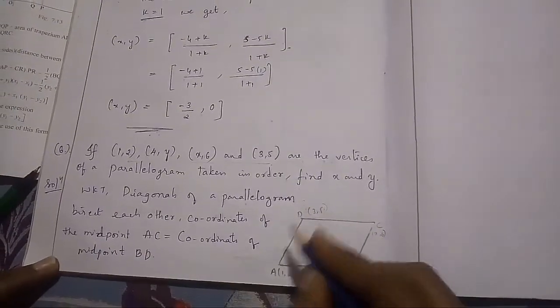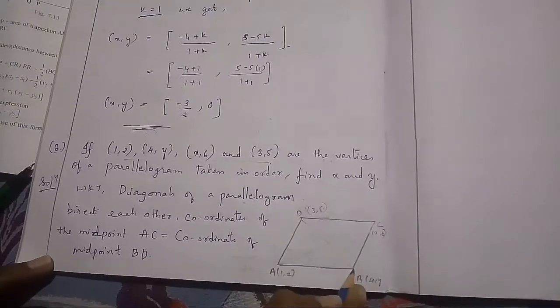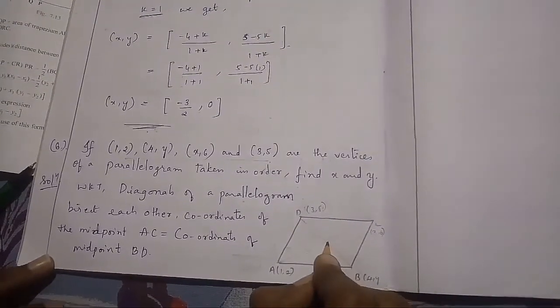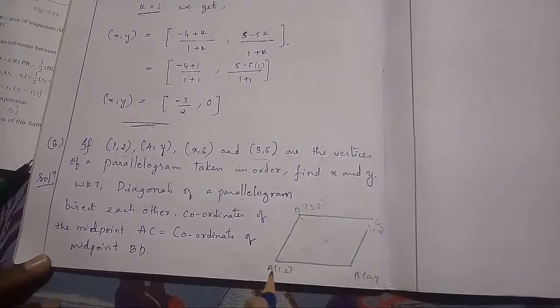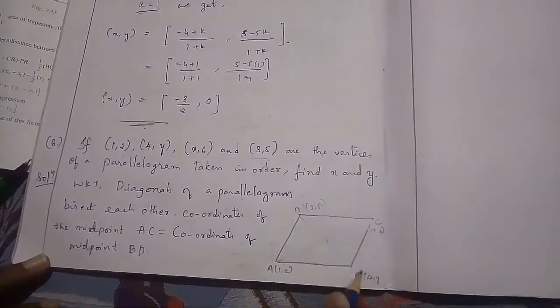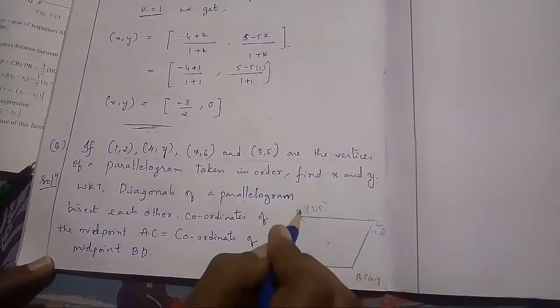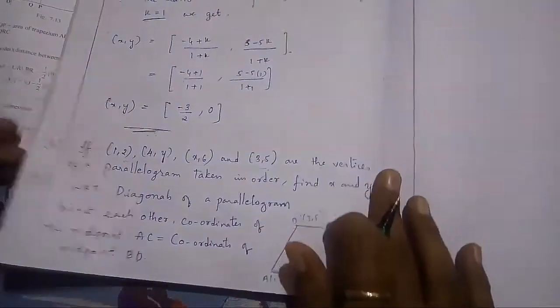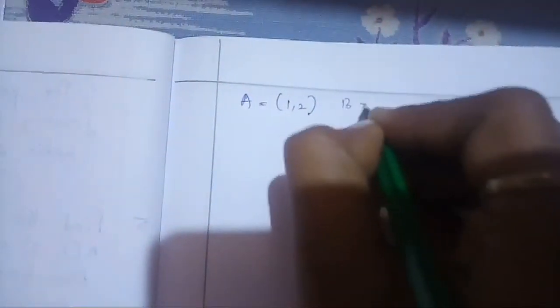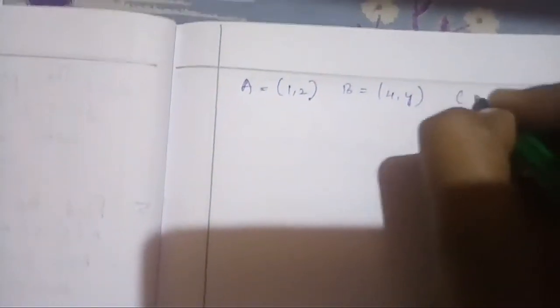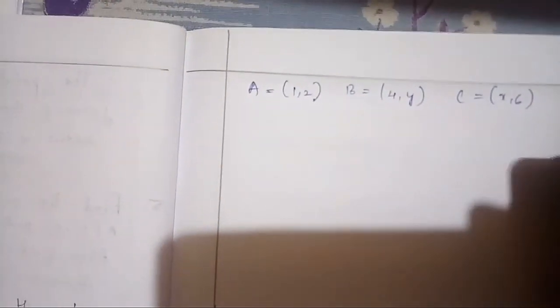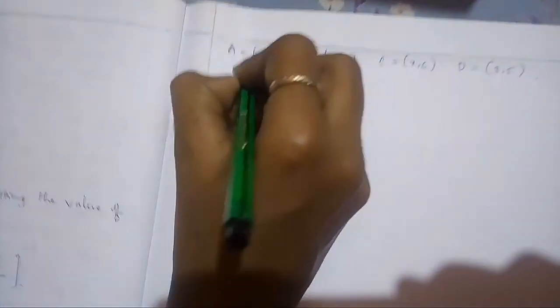Here the diagonals of a parallelogram bisect each other, and the coordinates of the midpoint of AC is equal to the coordinates of the midpoint of BD. Now consider the same given points: A is (1, 2), B is (4, y), C is (x, 6), D is (3, 5). We know that midpoint of AC is equal to midpoint of BD.